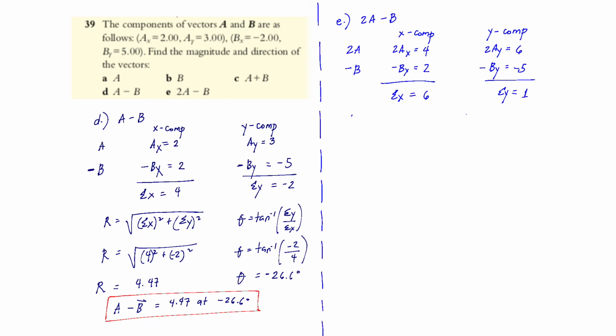And so again, we will apply the resultant formula: the square root of summation of x squared plus summation of y squared, so that would be 6 squared plus 1 squared. That is 36 plus 1, the square root of 37, and that is around 6.08 units. And now, what is the angle?